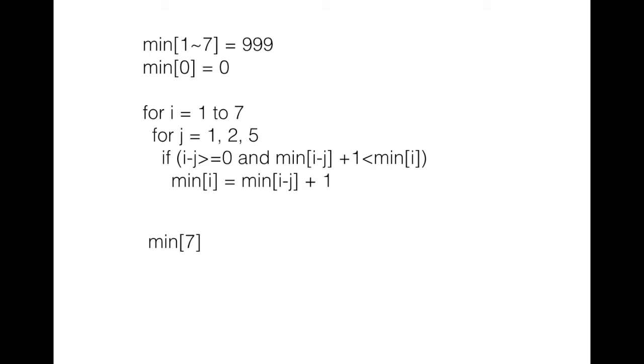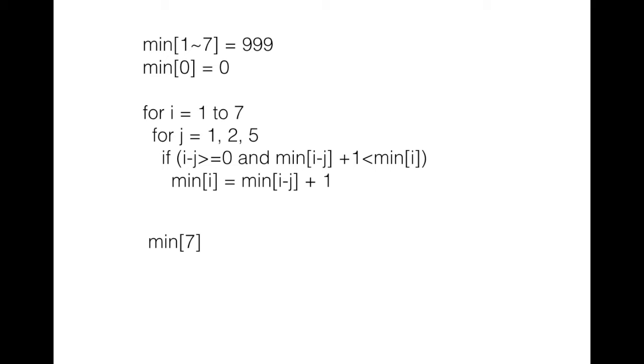So in this case, you can see for each sub-question, you try 3 choices, and after that, you will get the best solution of that sub-question. Then you go to the next sub-question. So finally, we take approximately 7 multiplied by 3 steps.